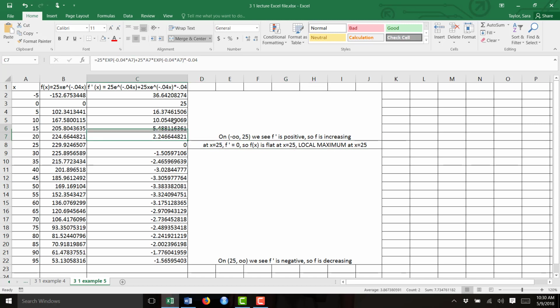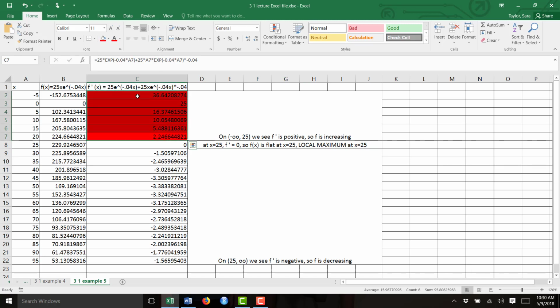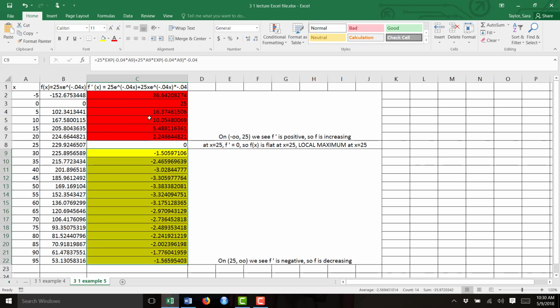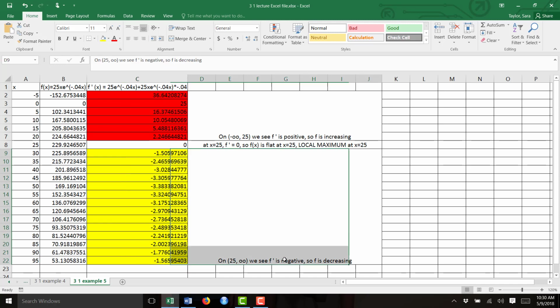We notice on the left side of that critical point, the derivative values are positive. Therefore, on the interval from negative infinity to 25, f prime is positive. Therefore, f is increasing. On the right side of that critical point, the derivative values are negative. So on the interval from 25 to infinity, f prime is negative, so f is decreasing.